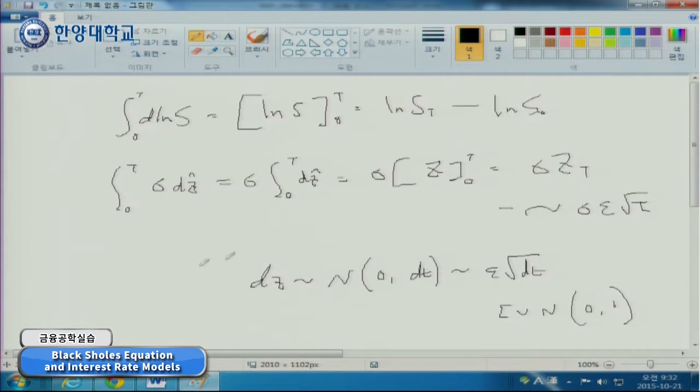And it is from 0 to T, so we have this one. Because it is from 0 to T, okay? And because the starting point is 0, Z0 is 0, so ZT is basically dz integrated from 0 to T.